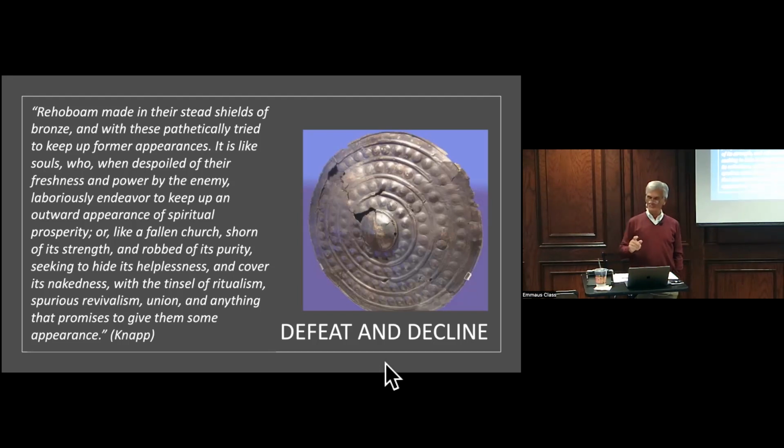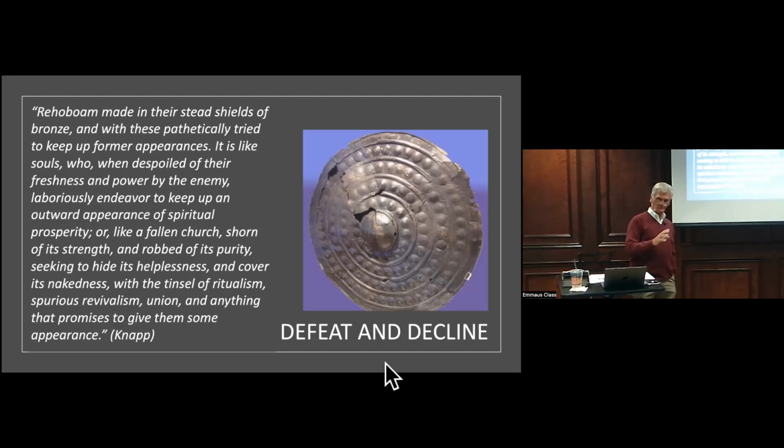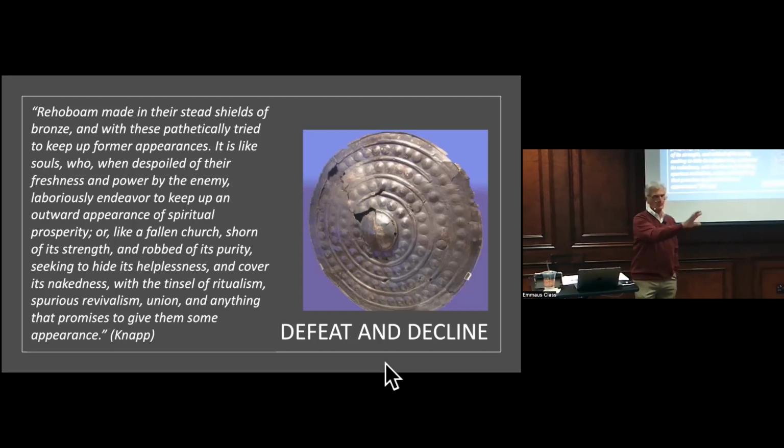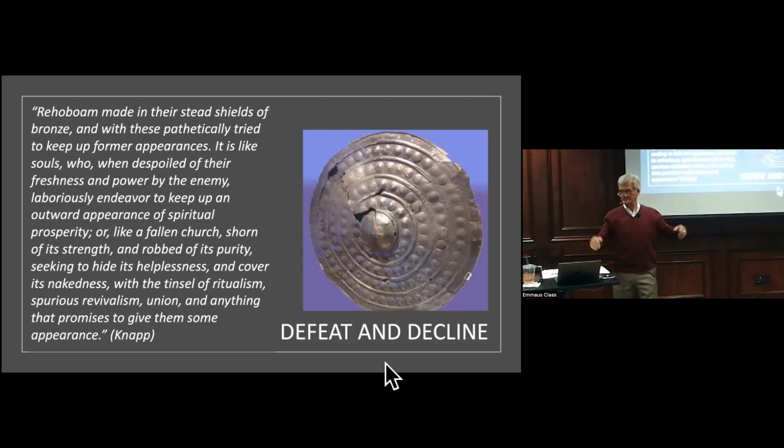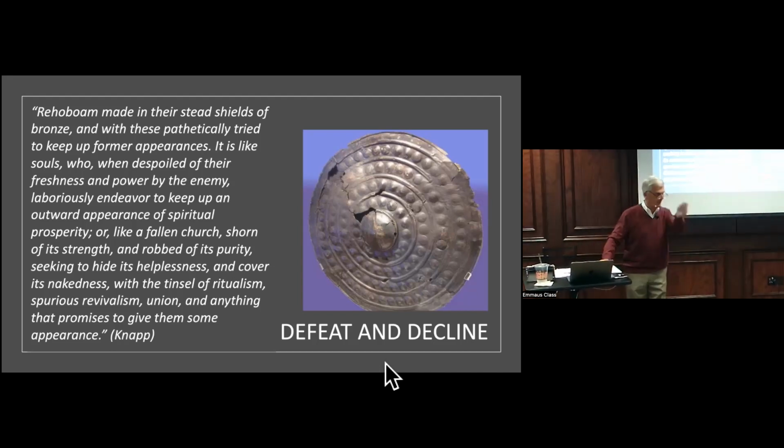And what Rehoboam did was he replaced them, not with gold, but with bronze. They're cheaper. And he put them in the guardhouse, just brought them out every now and then. It wasn't something to be terribly proud of. It wasn't something you lined your major hall with. I mean, we just put the bronze shields up there. Maybe we paint them gold. I don't know.